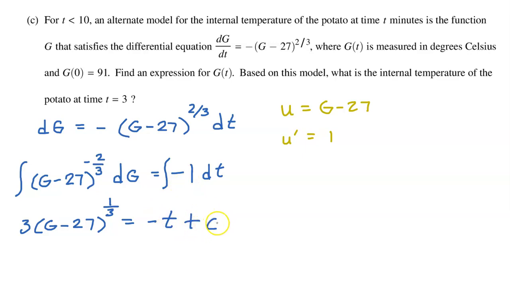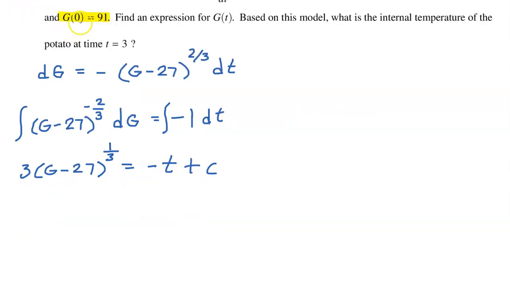Speaking of plus c, we need to figure out what this is using the initial conditions that we are given. This says when t is 0, g is 91. So let's put 0 in for t and 91 in for g. So now we have this.